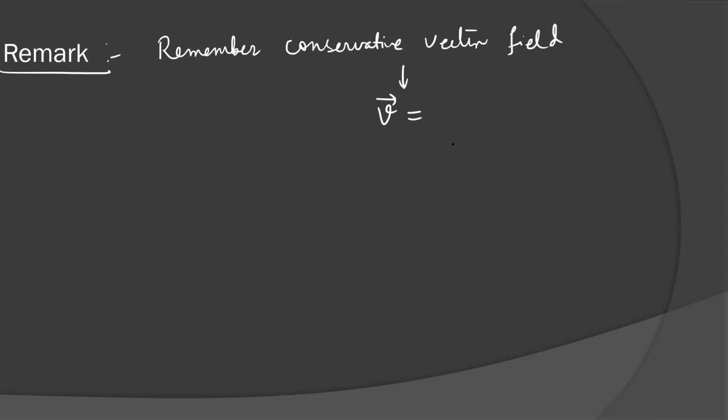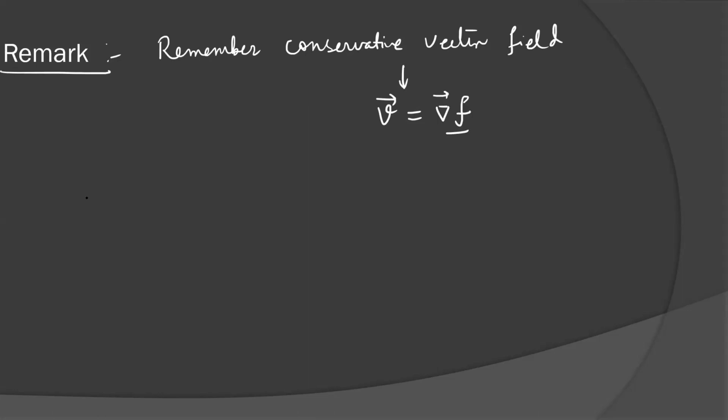You can remember the definition of conservative vector field. I have studied it in the previous lecture. What is the definition of a conservative vector field? A vector field is said to be conservative if it can be written as the gradient of some scalar function f.